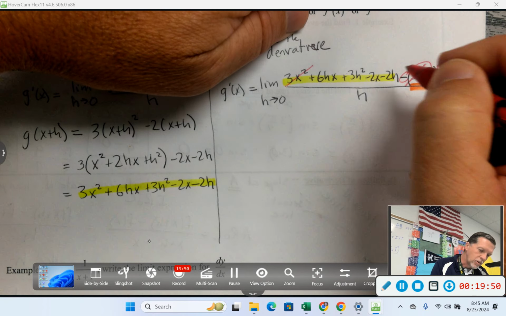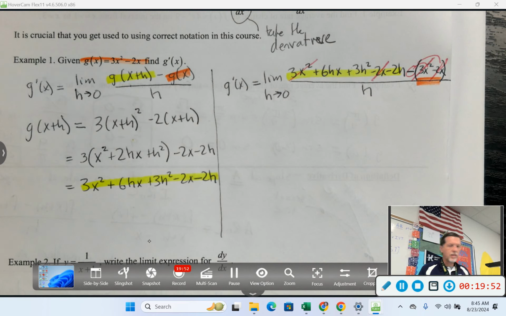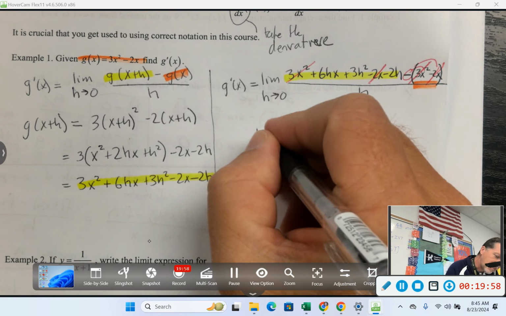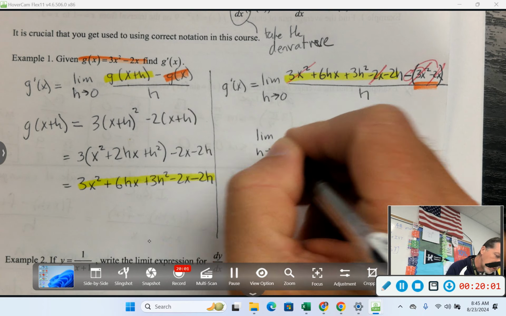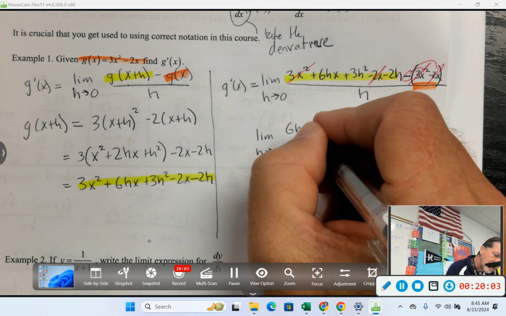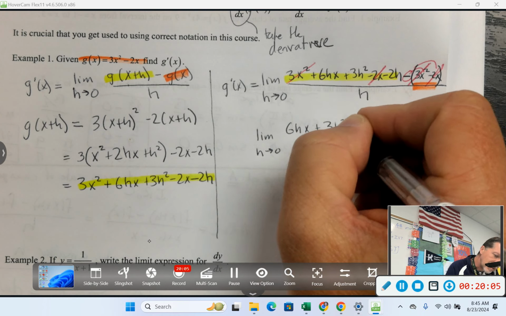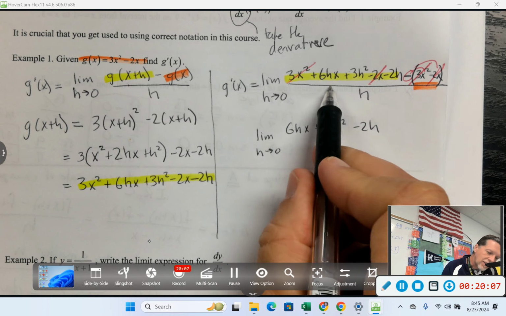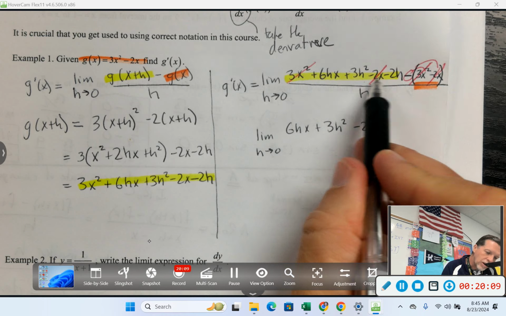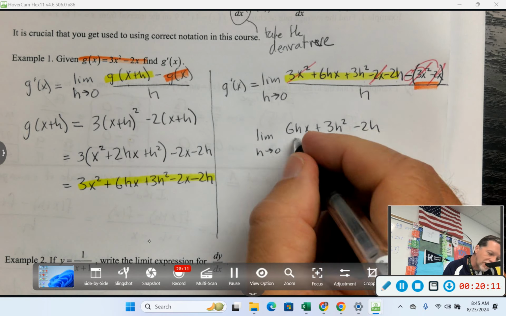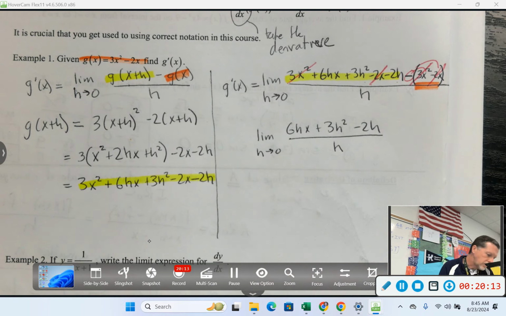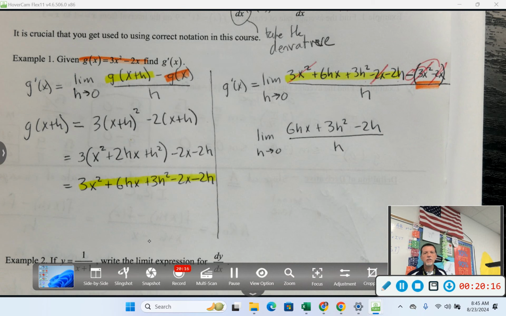The plus 2x cancels the minus 2x. Now, some ambitious people will start canceling h's right here, but that's a little dangerous for our first example, so let's just rewrite what's left. 6hx plus 3h squared minus 2h. All of that stuff's left in the top, all over h.